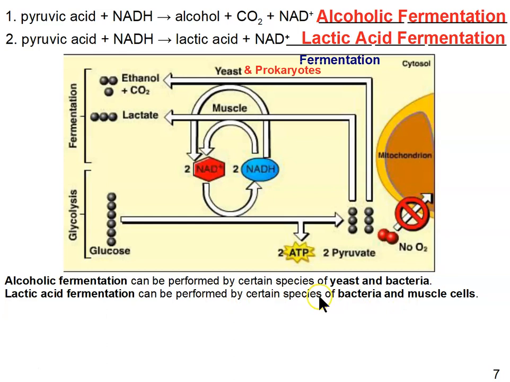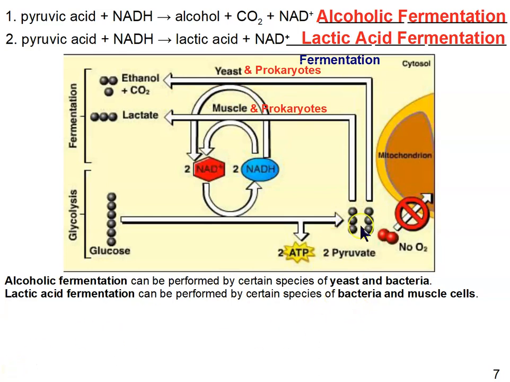When you exercise, your muscles produce lactic acid, and the reason they're producing lactic acid is because they have run out of oxygen, and they are producing lactic acid as a way of keeping ATP production going, so you can continue exercising strenuously, so you can continue your activity, whatever it is, like running away from a Tyrannosaurus Rex. But again, prokaryotes can do this too. So prokaryotes can do everything.